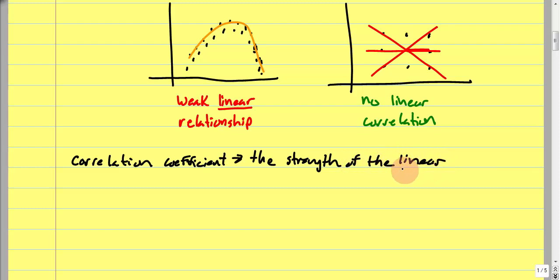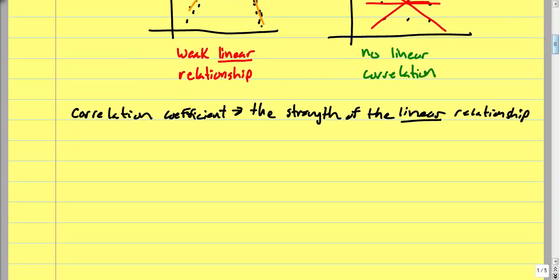The word linear is important here because it doesn't talk about any other type of relationship, like a quadratic. If you were to put a line of best fit through here, it'd probably just give you a horizontal line, and you're going to get something about the correlation coefficient. So you always have to take into account the correlation coefficient with the picture of the scatter plot. So again, the strength of the linear relationship. Let's go ahead and look at some other characteristics.